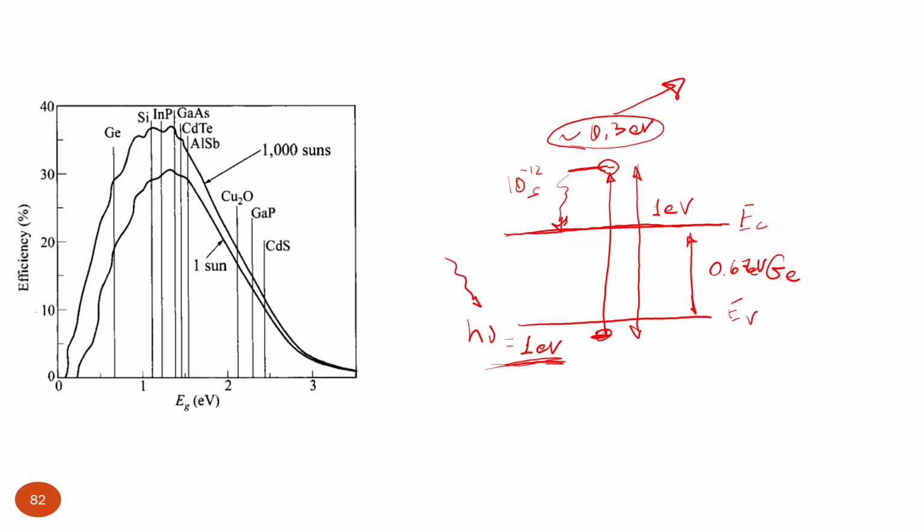And that's why we have, from one side, narrower band gap, larger fill factor, larger short circuit current, but from the other side, we have smaller VOC and these energy losses.